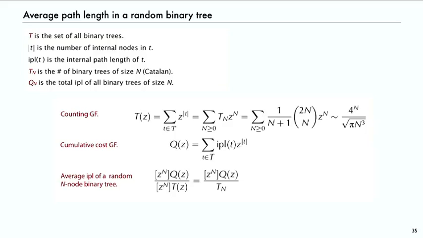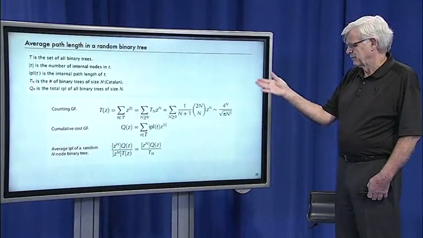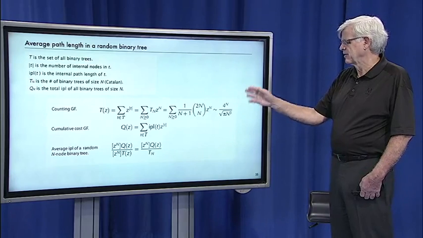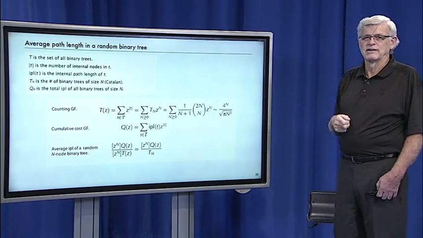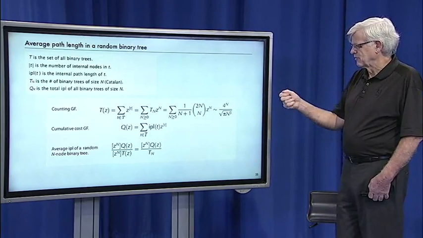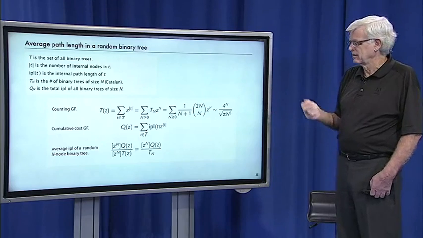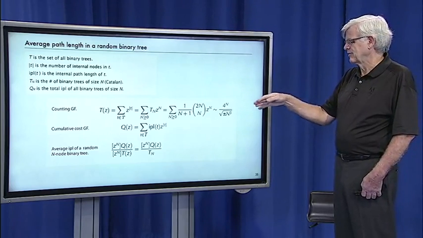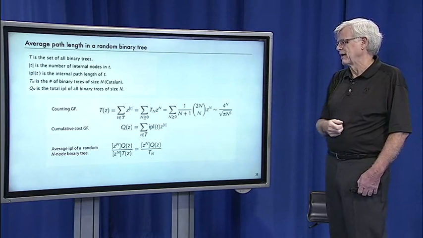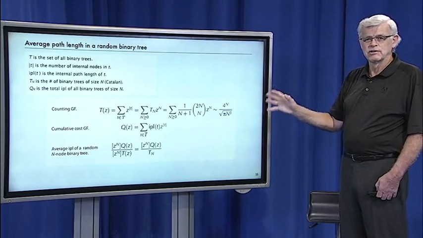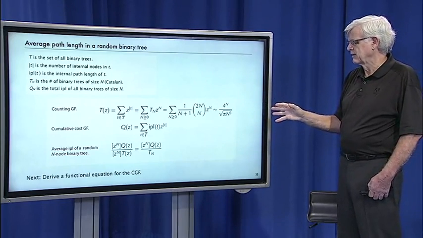But from now on, we're just going to go with cumulative counting. And we know that the average is going to be the coefficient of z^n in Q divided by the coefficient of z^n in T. The coefficient of z^n in Q is the total internal path length of all trees of size n. If you divide that by the number of trees of size n, then you get the average internal path length. So that's the cumulative counting method that we're going to use to analyze this quantity.